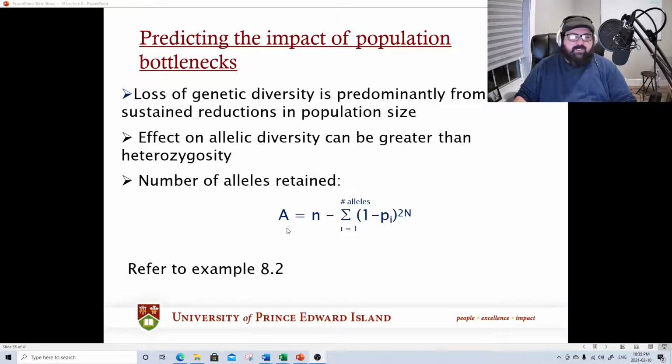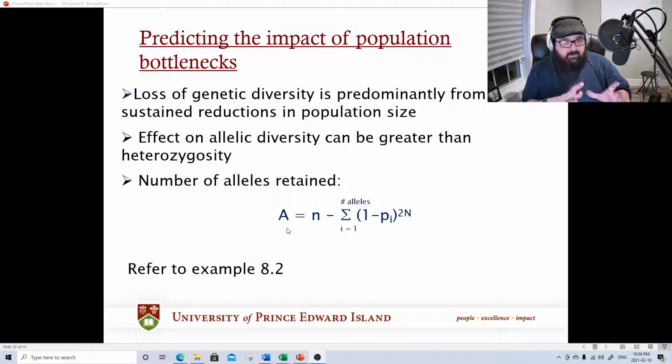What we've learned from this is that loss of genetic diversity is predominantly from sustained reduction in population size, bottlenecks that last multiple generations. And the effect on allelic diversity, which remember is the number of alleles, is greater than the effect on heterozygosity. It's because allelic diversity looks at how many different alleles you have, and rare alleles are the most likely to be lost.